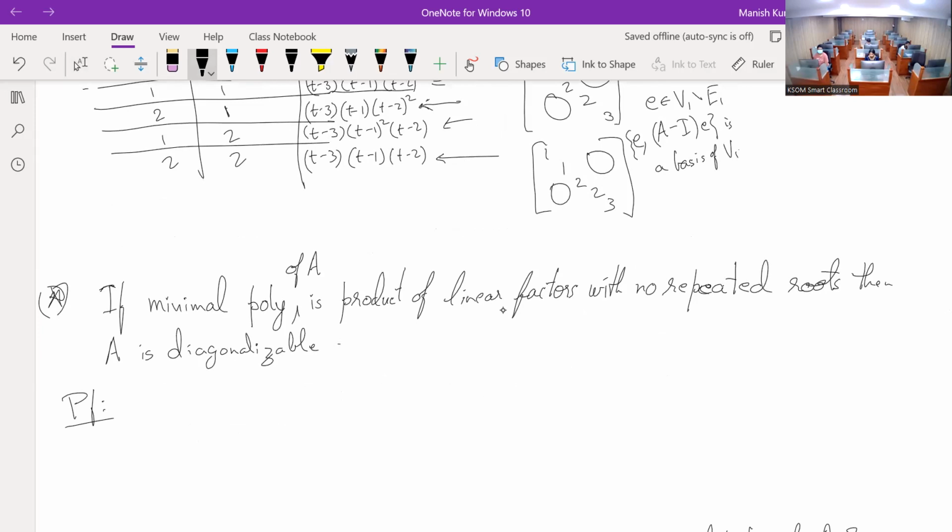Since the minimal polynomial is a product of linear factors, the dimension of the eigenspace with respect to every eigenvalue is the same as the multiplicity in the characteristic polynomial.